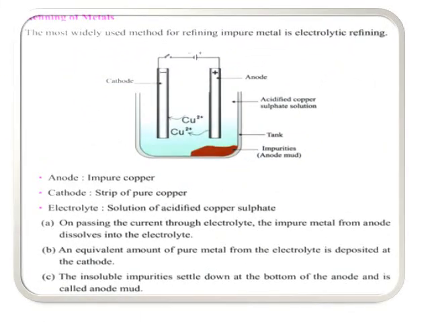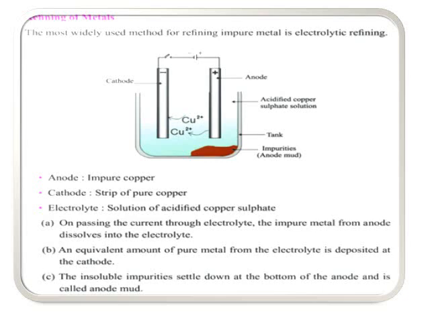Now let us pass on to the next topic, refining of metals. What do you mean by refining of metals? It is the process of purification of metals obtained after reduction. Various methods for refining are employed, but the most common one is electrolytic refining.